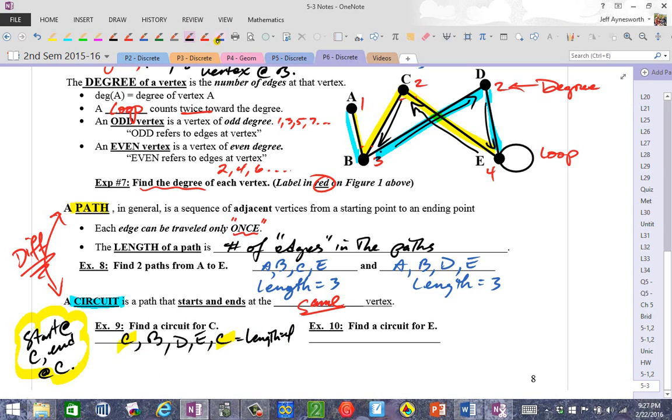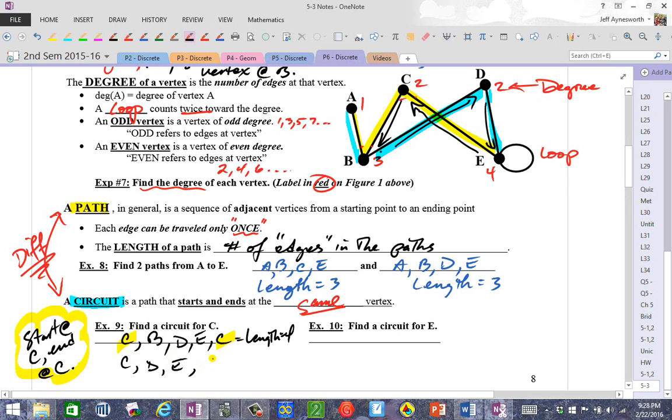So let's talk about another one. Let's say instead of going from C to B, I could go from C to E to D to B back to C. Let me see. C to, no, I can't go from C to D. That's wrong, I'm sorry.